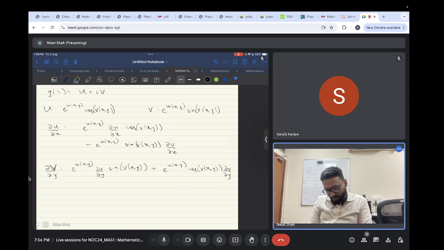Okay, so now for satisfying Cauchy-Riemann conditions, capital del of capital U by del x has to be equal to del capital V by del y.